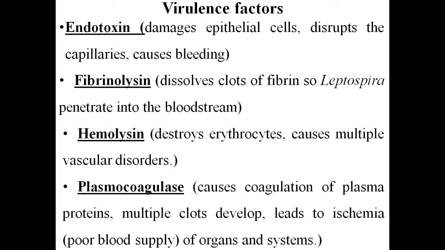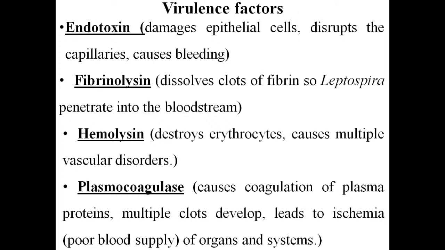It dissolves clots of fibrin, so Leptospira penetrates into the bloodstream. You know that fibrin is a protein of blood plasma that blocks bleedings. So bacteria destroy fibrin and may penetrate the bloodstream.